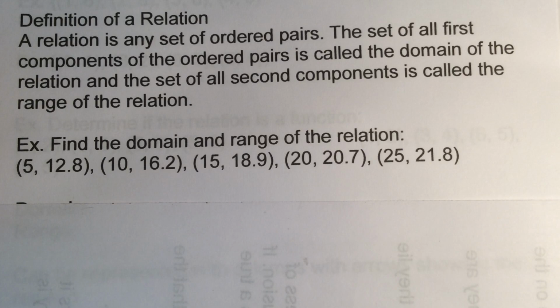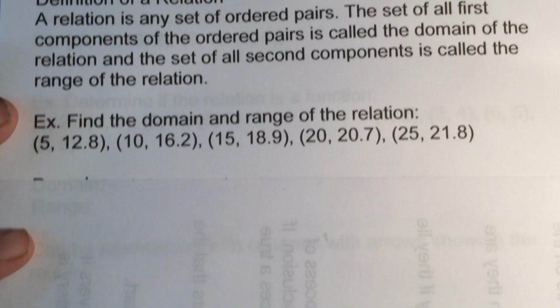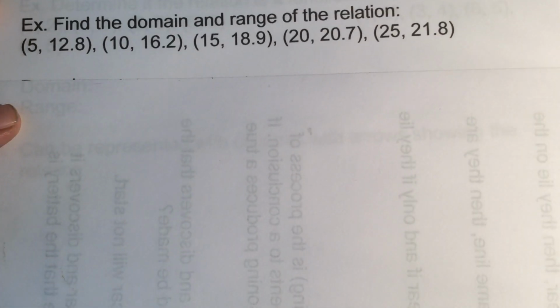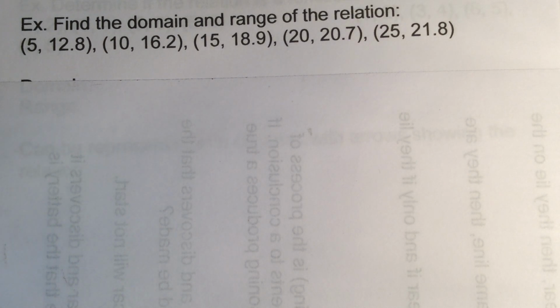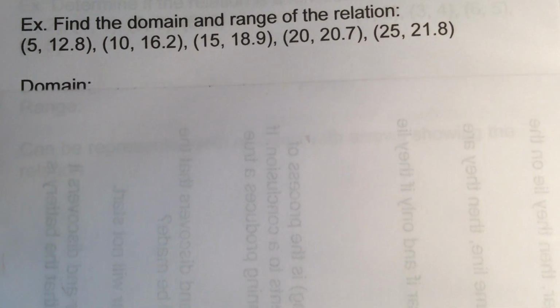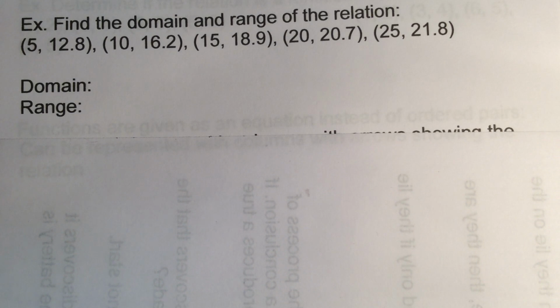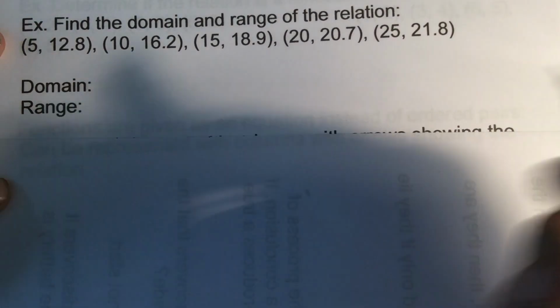So, looking at this here, this would be a relation. Basically, we have a grouping of ordered pairs. Well, the domain is going to be all the x's, that first component of the ordered pair.